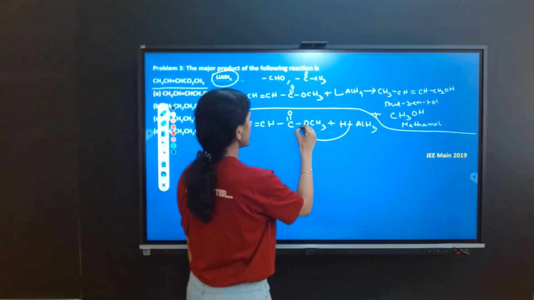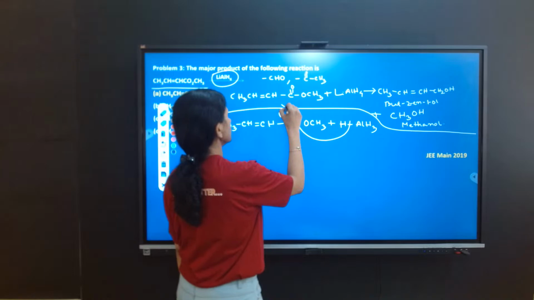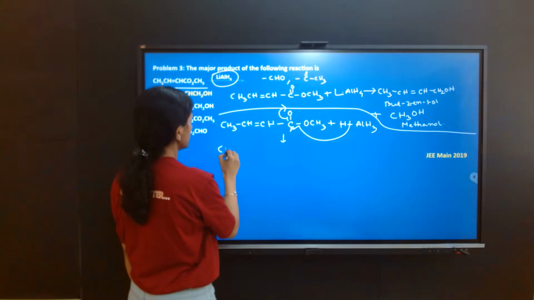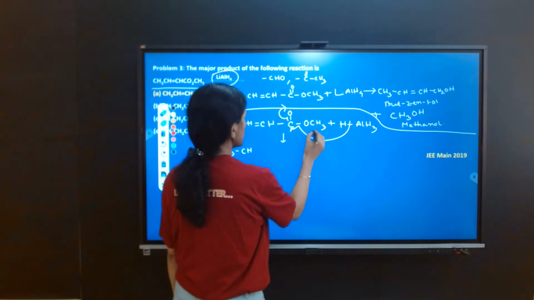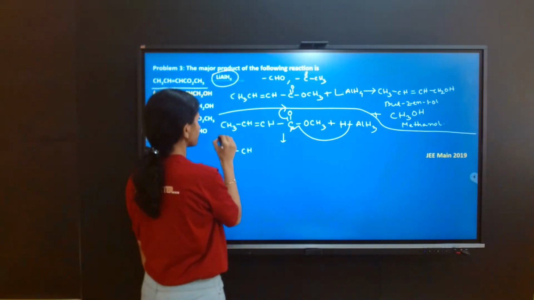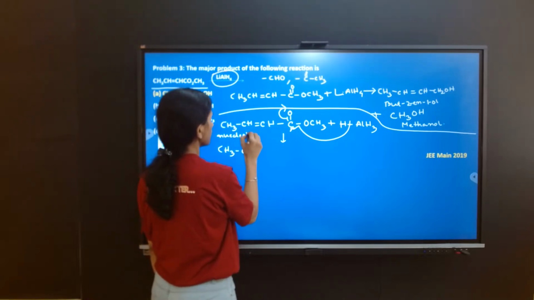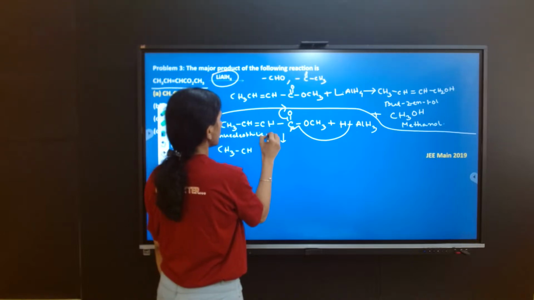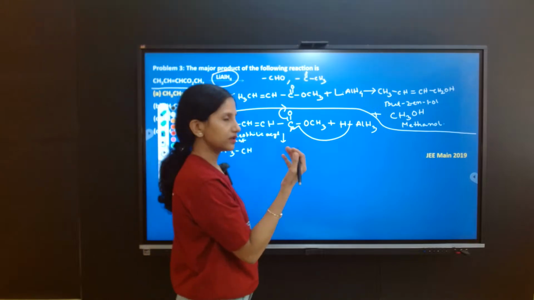So this bond will break, or it will go in here, and this will go this way. Now, what will result in? CH3CH, and this reaction can be considered as a nucleophilic acyl substitution reaction that I hope you have already learned.